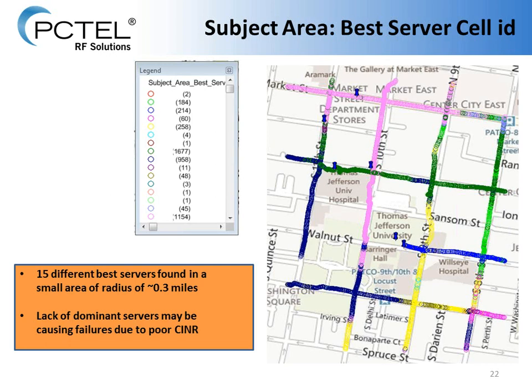This is indicated on this chart by the number of different colors you see. As you can see, there are a lot of different colors, each indicating a different best server in a very small area. So what we're seeing is a lot of handoffs occurring here, and hence probably some bad handoffs, which is why you're seeing some dropped sessions in this area.